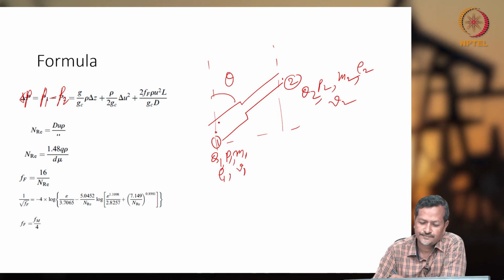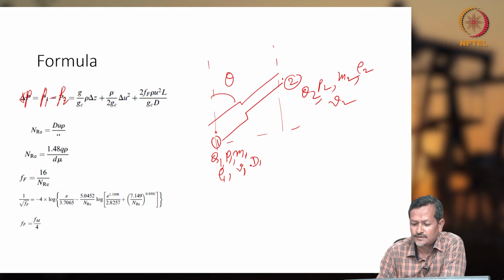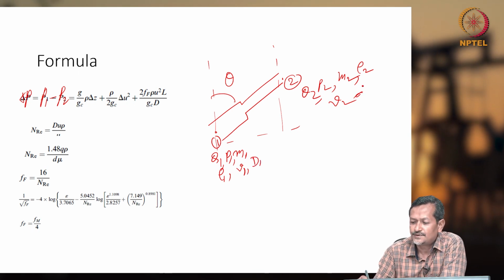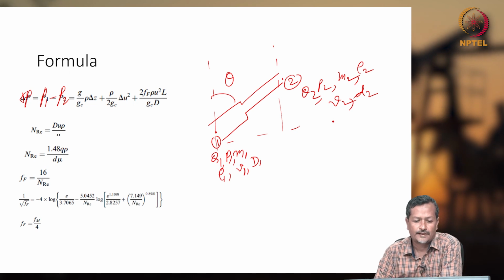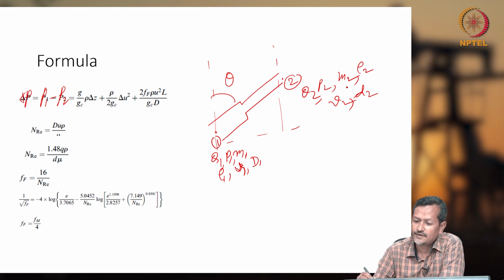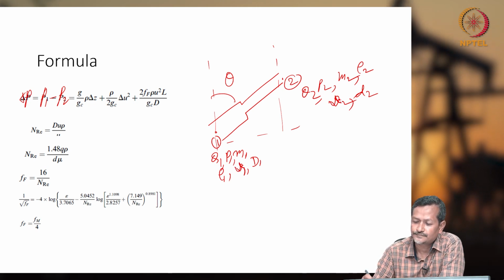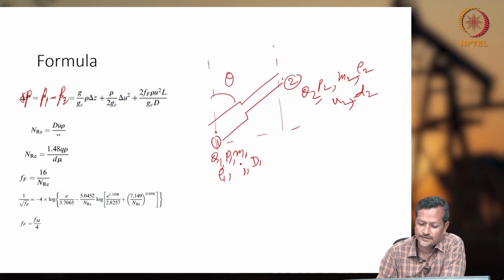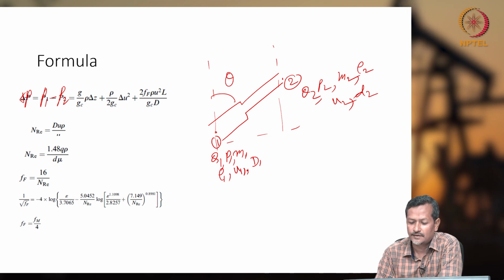Diameter D1, D2. Other terms, velocity, they are using U. I will not write V, I will write U, U1.